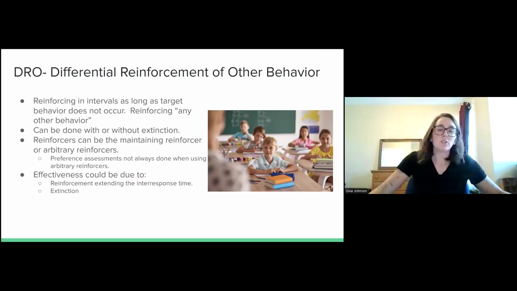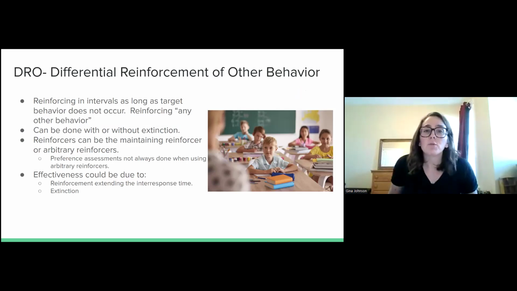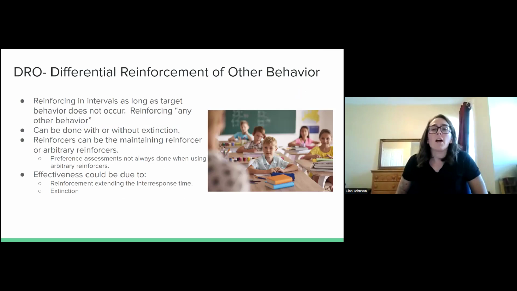Our next intervention we're going to review is differential reinforcement of other behavior, or DRO. When we hear other, we really should be inserting the word any other, right? If I did your RBT training, we talked about this a lot. This is reinforcement of any other behavior. As long as you're doing anything other than that thing we're trying to get rid of, you're going to get that reinforcer.